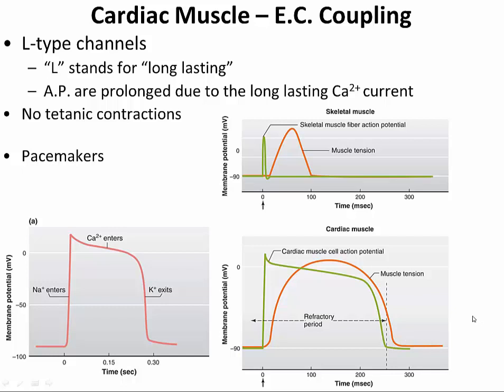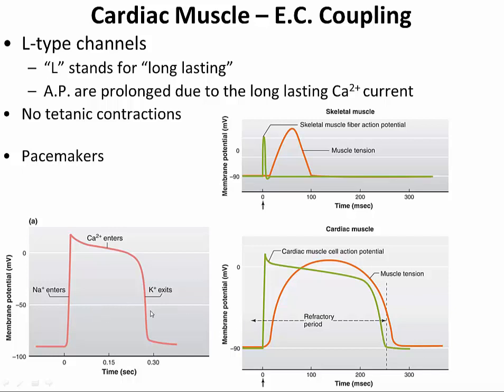So because of these L-type channels, we see that the depolarized period is stretched way out, and this means that the refractory period, as illustrated here, is quite long in cardiac muscle cells. So long, in fact, that an additive impact of calcium, like we observed in skeletal muscle when we induce tetanic contractions in lab, is not possible.